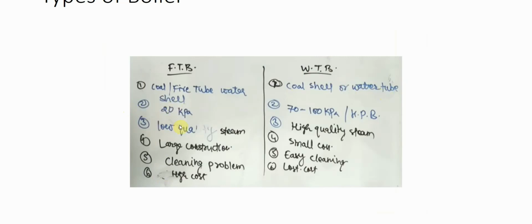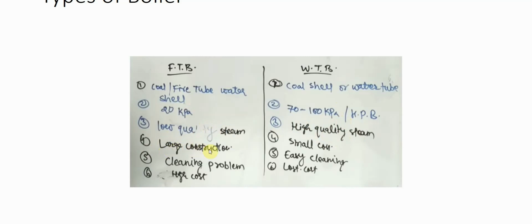The pressure you can maintain here is 20 kilopascal. But with the water tube, the second one, you can attain 70 to 100 kilopascal pressure. So this is more efficient. This one gives low quality steam, while high quality steam is required, and here we can get high quality steam in this process.